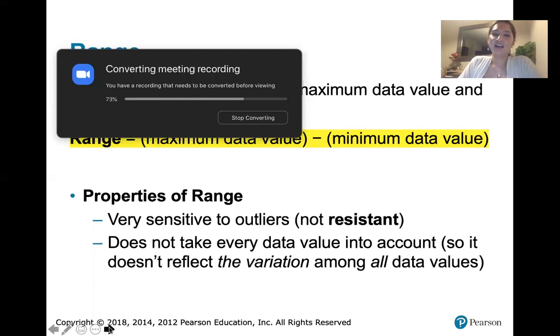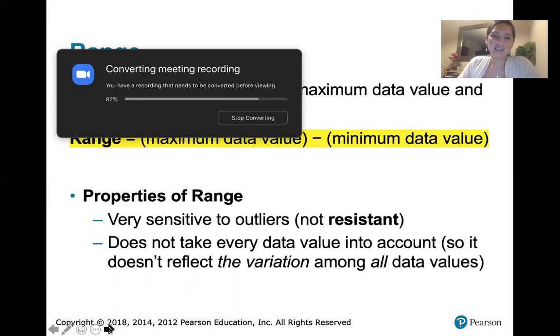Now, range does not take every data value into account. It's just using that max and min value. So we might say that it doesn't reflect the variation among all of the data values in the way that we would like it to. We'd really like to see how all of the data values vary together, measured by a single number. And the range doesn't tell us that.